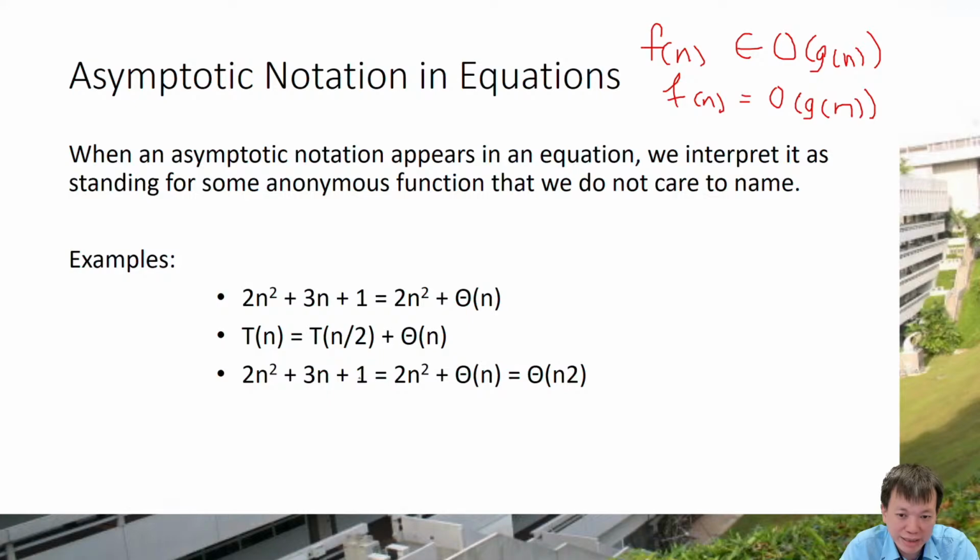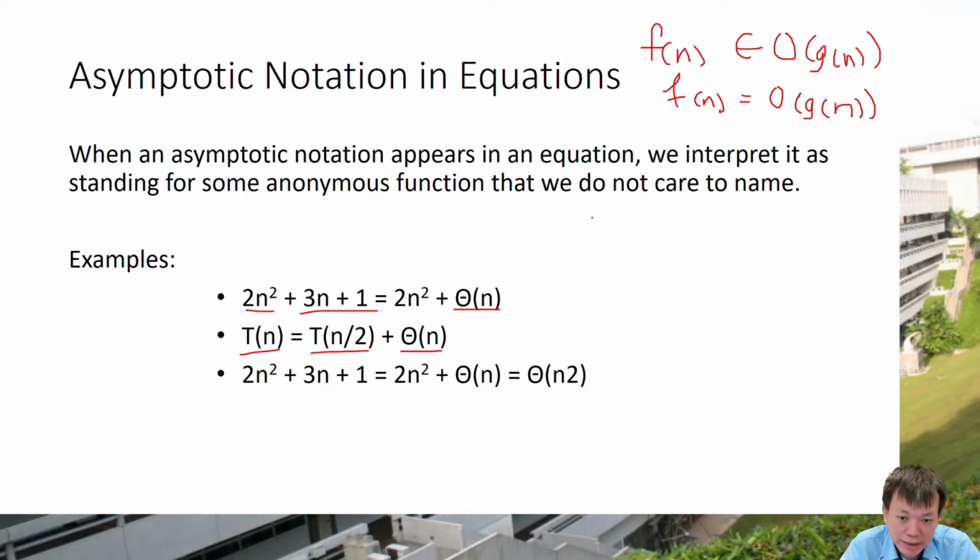The reason is that when you analyze an algorithm, a lot of the time you can rewrite it this way. If you have some time complexity, you do some calculation and got 2n squared plus 3n plus 1, you can write this part as linear. Or sometimes you have a recursive function, where you only know that each recursive call needs some big Theta n, and so on and so forth.